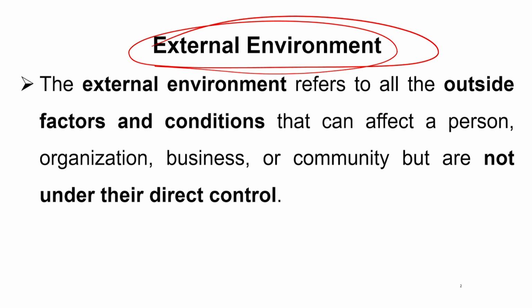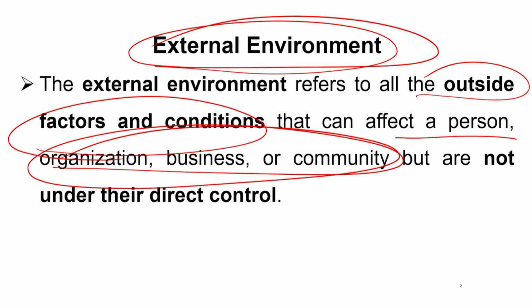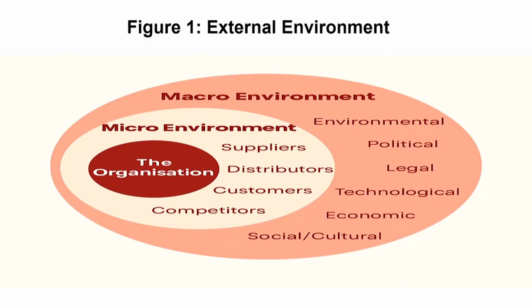That's why they are more controllable compared to macro factors, which are the outer part of the business. They are outside factors and affect the person, organization and community. Without understanding these factors, the business is not going to flourish.